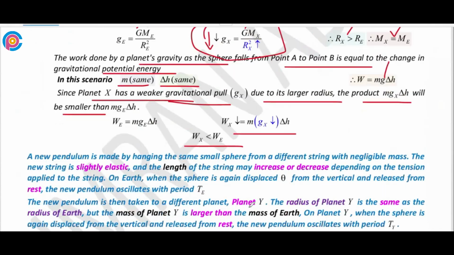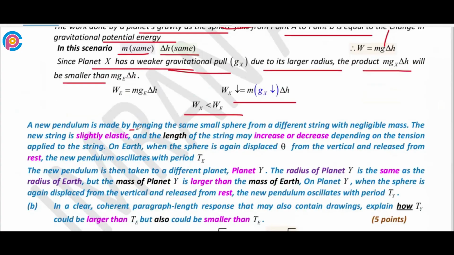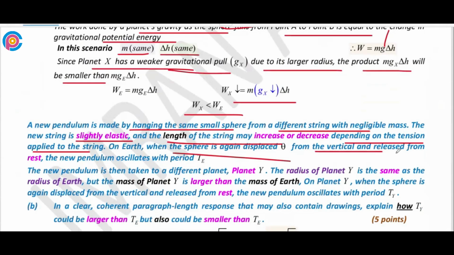Now the new case: a new pendulum is made by hanging the same small sphere from a different string of negligible mass. The new string is slightly elastic, and the length of the string may increase or decrease depending upon the tension applied on the string. On Earth, where the sphere is again displaced by theta from the vertical and released from rest, the new pendulum oscillates with period Te.